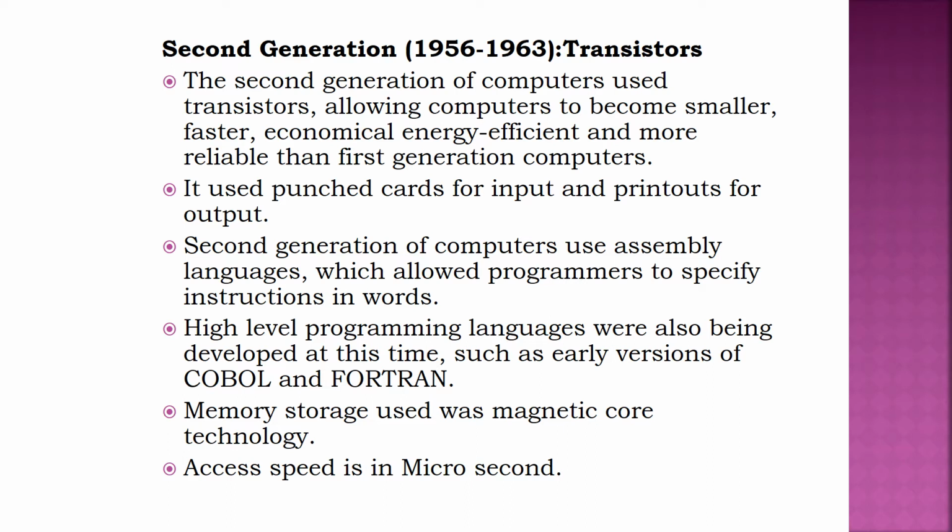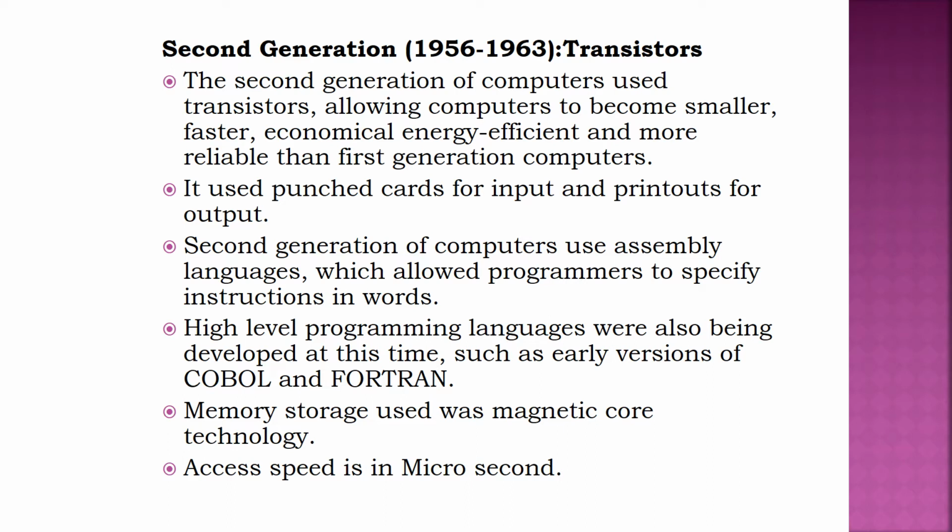The second generation of computers used transistors, allowing computers to become smaller, faster, economically efficient, and more reliable than the first generation computers.